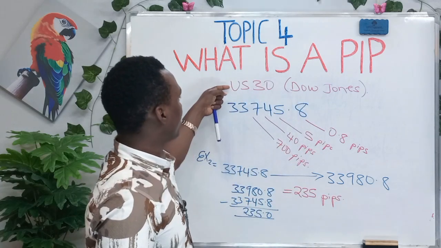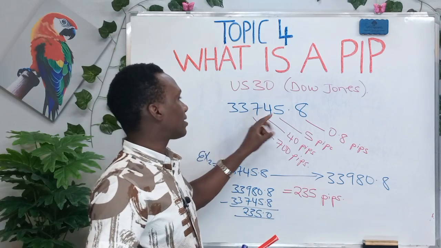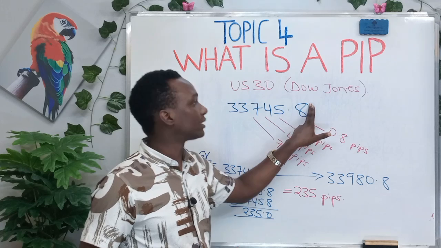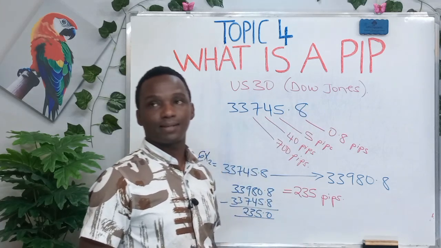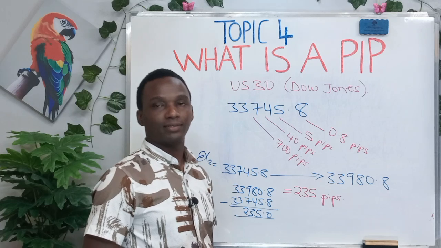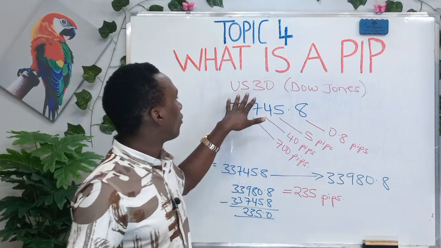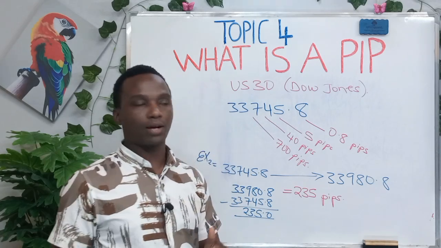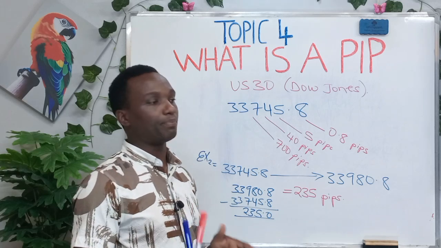So this is different compared to gold in a way that in gold we were moving to one decimal place. But in this case, we are maintaining it as it is. So for this US 30 and things like Nasdaq 100, this is how to calculate pip difference.